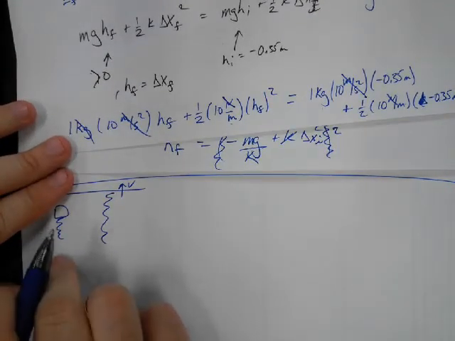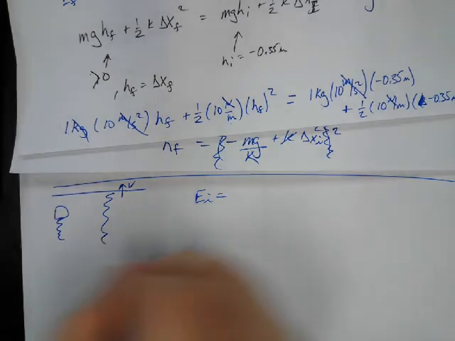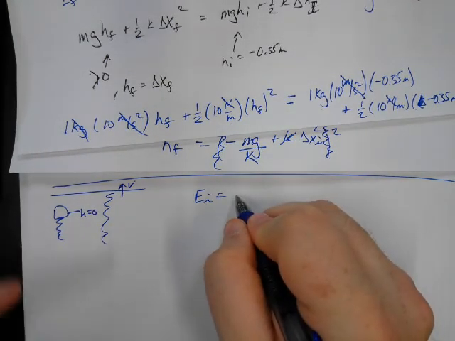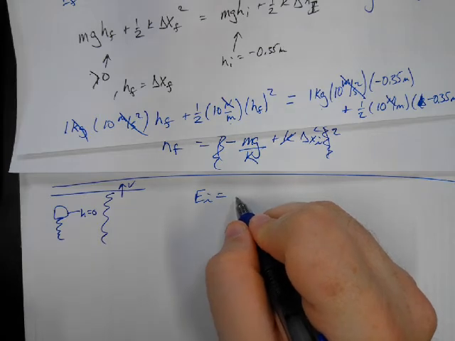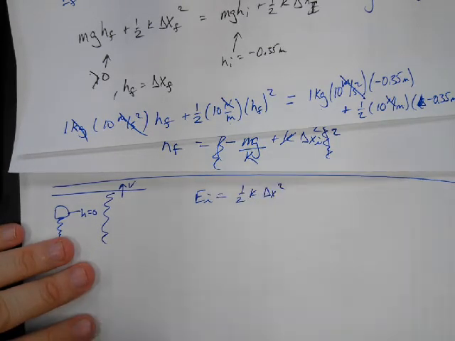And so the initial case, E initial, we'll put h is 0 there. So mgh is 0, 1/2 mv squared is 0. We'll just have 1/2 k delta x squared.